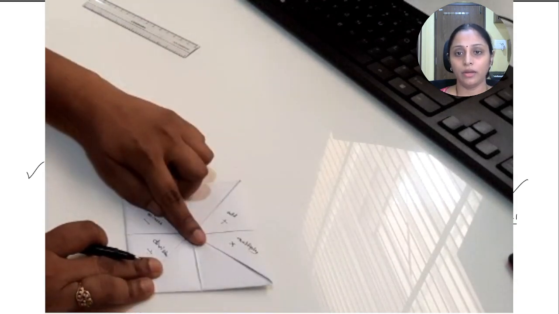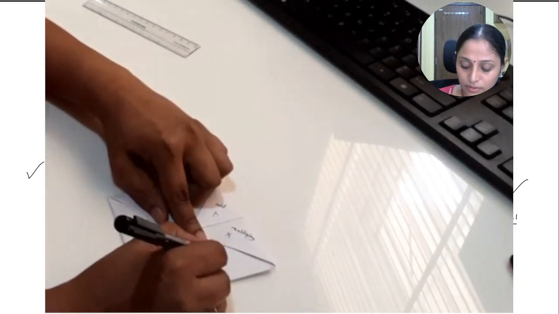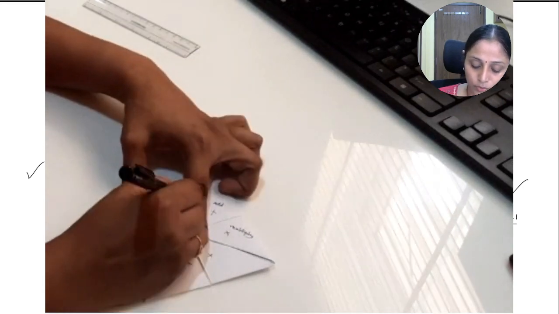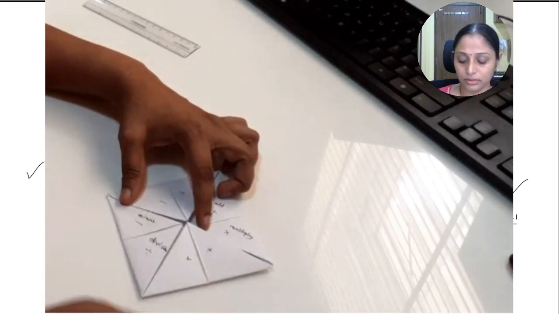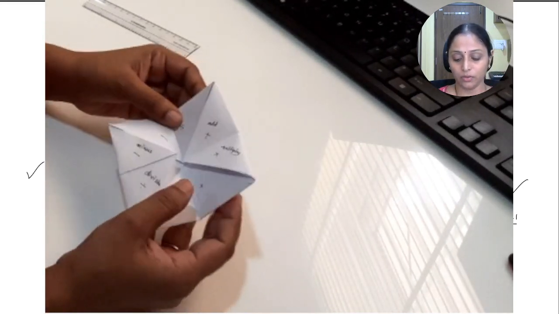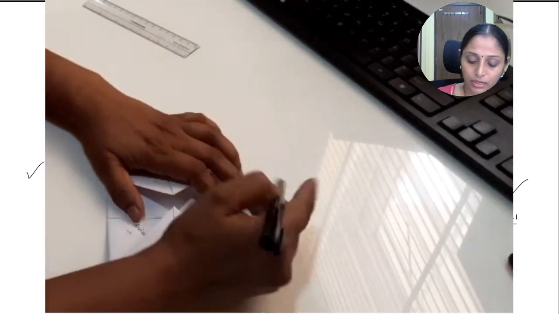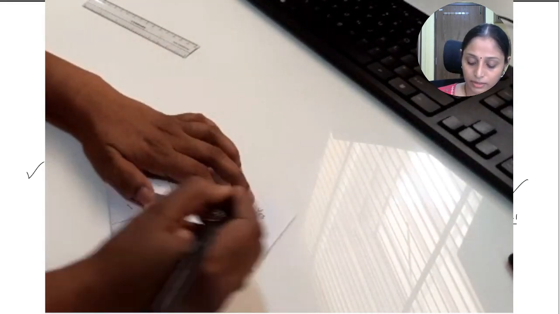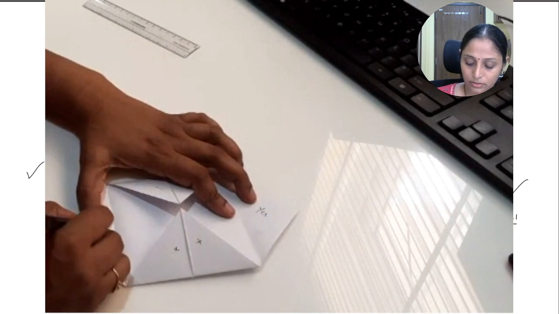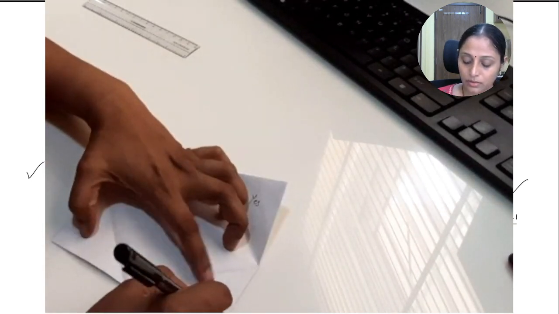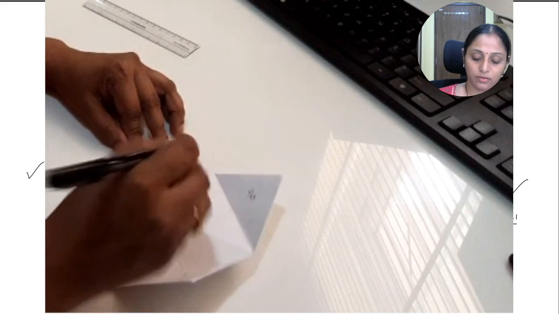Okay, now you fill out the rest of them in the same manner, plus, into, divided by, minus, right? Now inside you are going to write the final result.